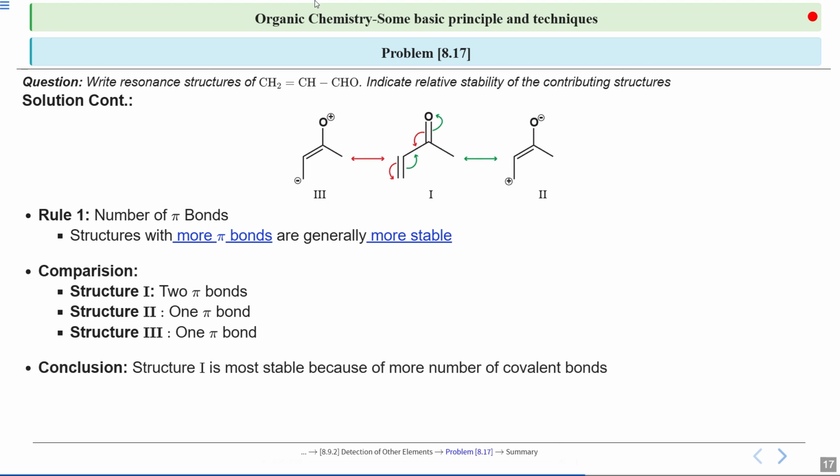In conclusion, structure number 1 is the most stable one because, following these rules, rule number 1 clearly indicates that structure number 1 has a greater number of pi bonds, so it will be the most stable due to better electron delocalization.